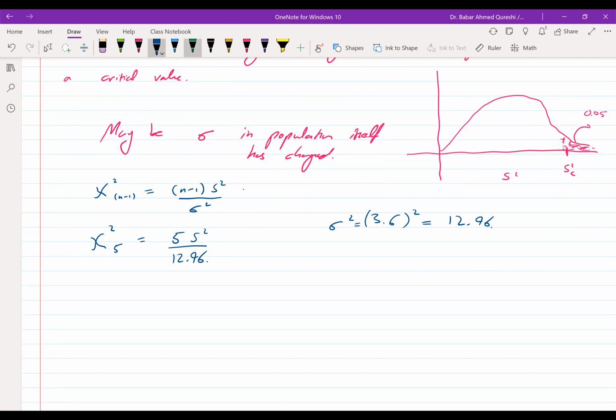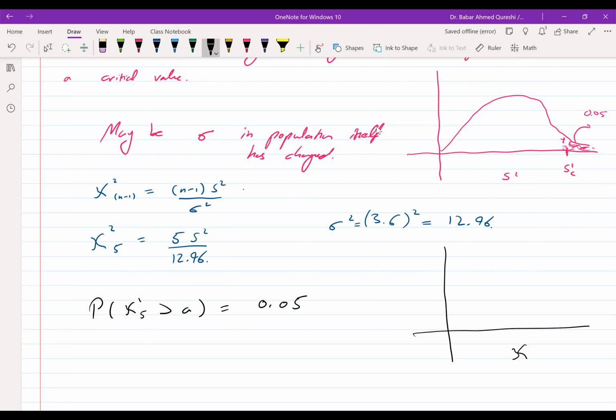Now I want this, that the probability of the corresponding chi-square variable, chi5, is only 5% to exceed a value A. So corresponding to S square, there is a chi5 square variable with certain probability distribution.